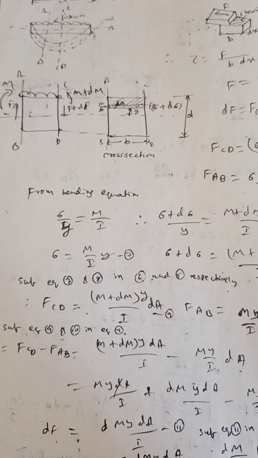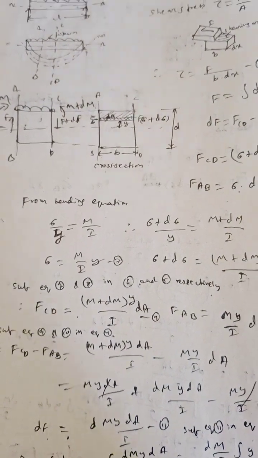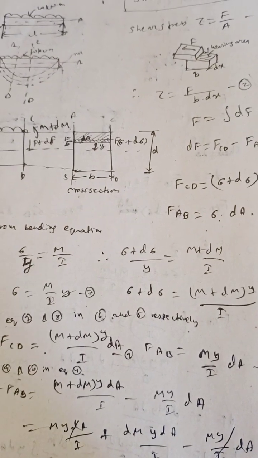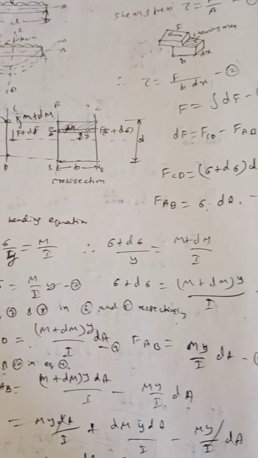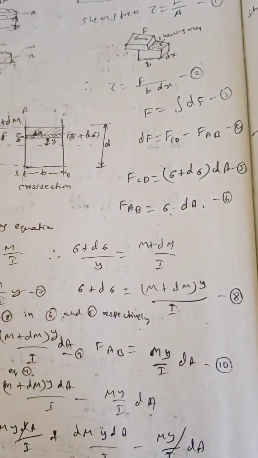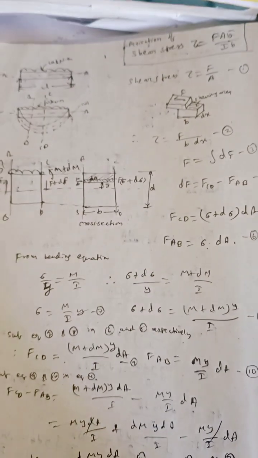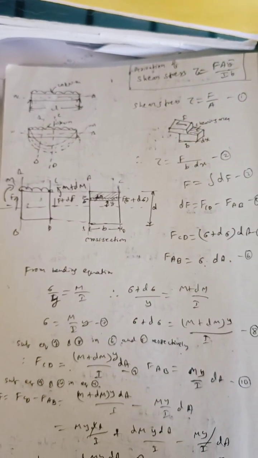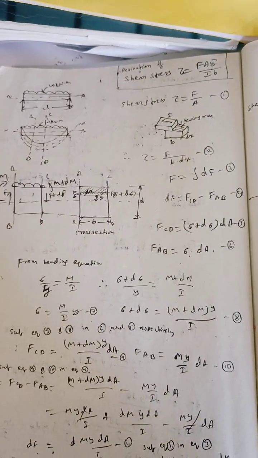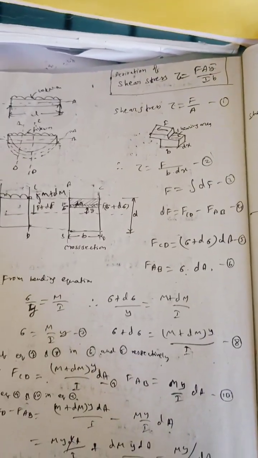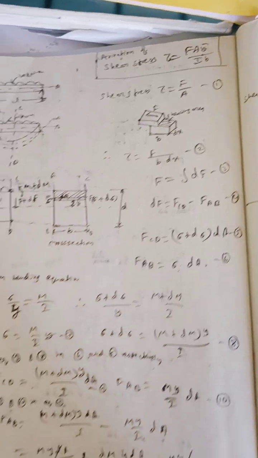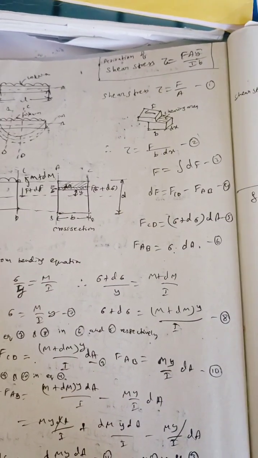Then from the bending equation, we know that sigma by y equal to M by I. Therefore we can write sigma plus d sigma divided by y equal to M plus dM by I. Therefore sigma equal to M y by I, and sigma plus d sigma equal to M plus dM into y divided by I. Let these be equations 7 and 8. Now substitute equation 7 in 6 and equation 8 in 5.